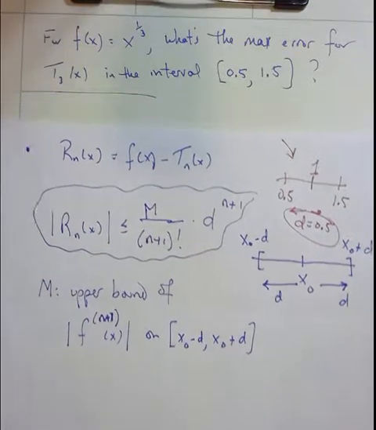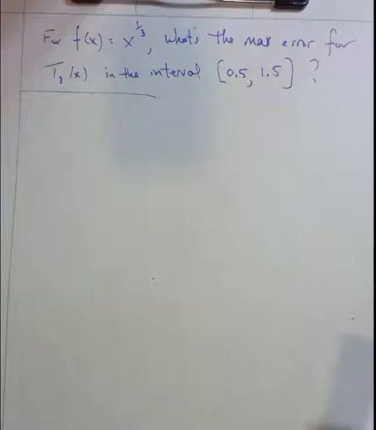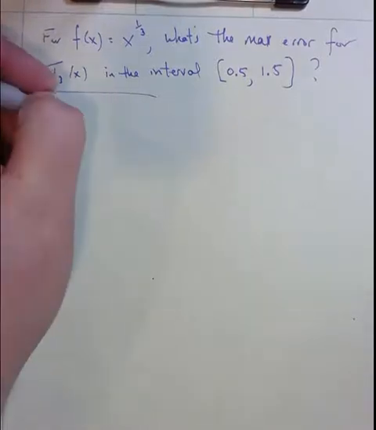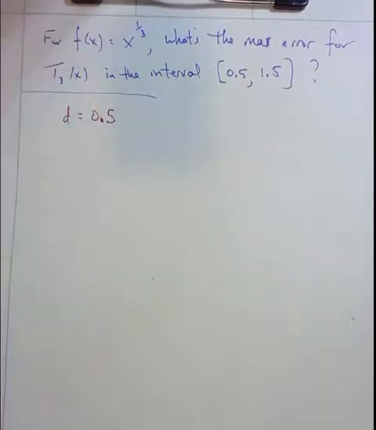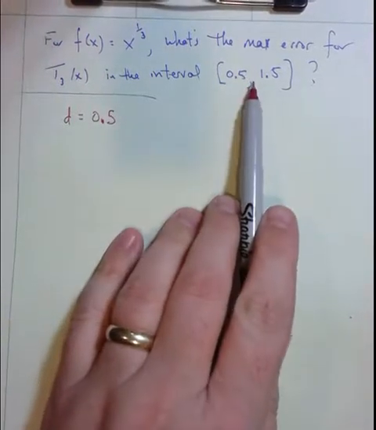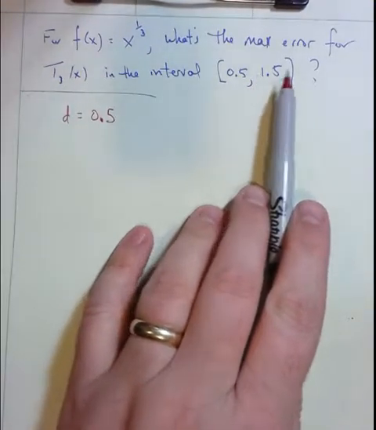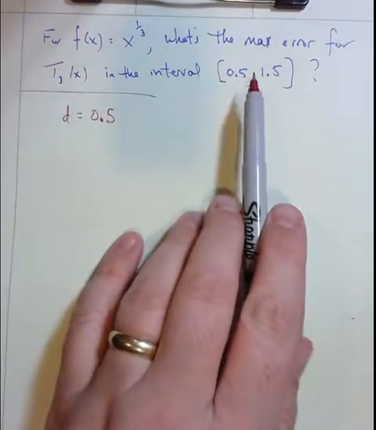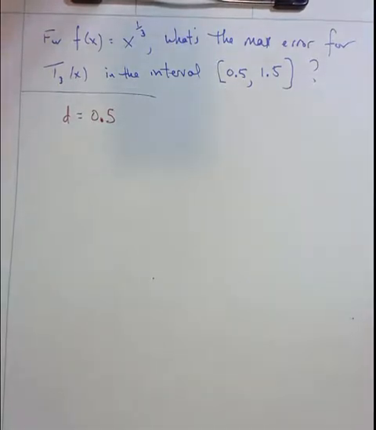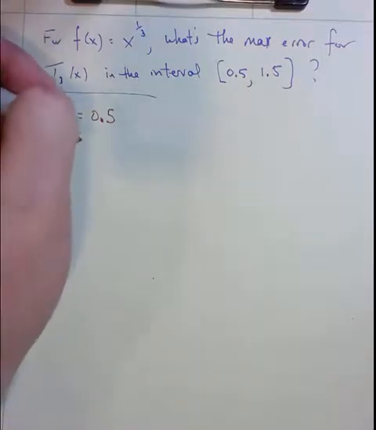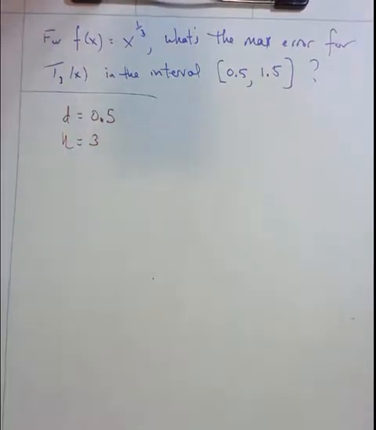Okay, so I'm going to take this sheet away for a second, and I'll put it back in if we need to. But here are some of the specifiers. The d value we're going to need to work with is 0.5. That comes from this interval. Again, it's centered at 1, and then we go half a unit in each direction, and d measures the hop in each direction that we go to complete the interval, and so that's 0.5. n is 3.